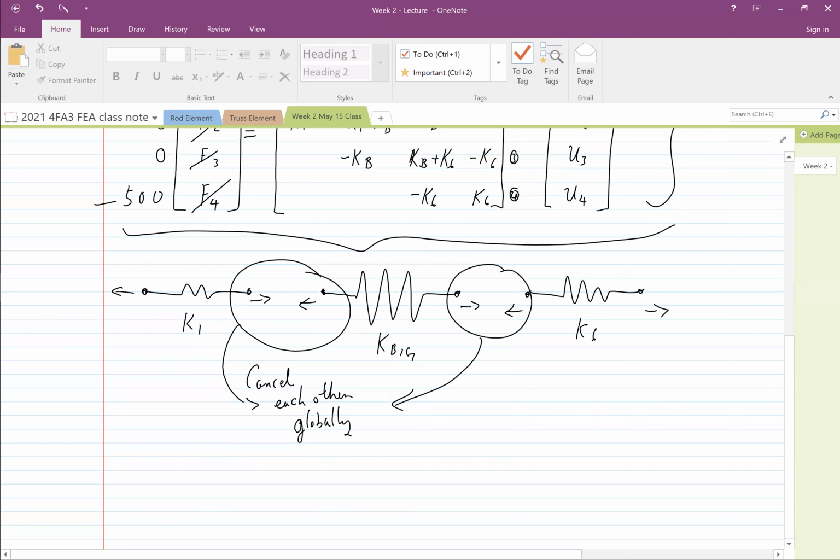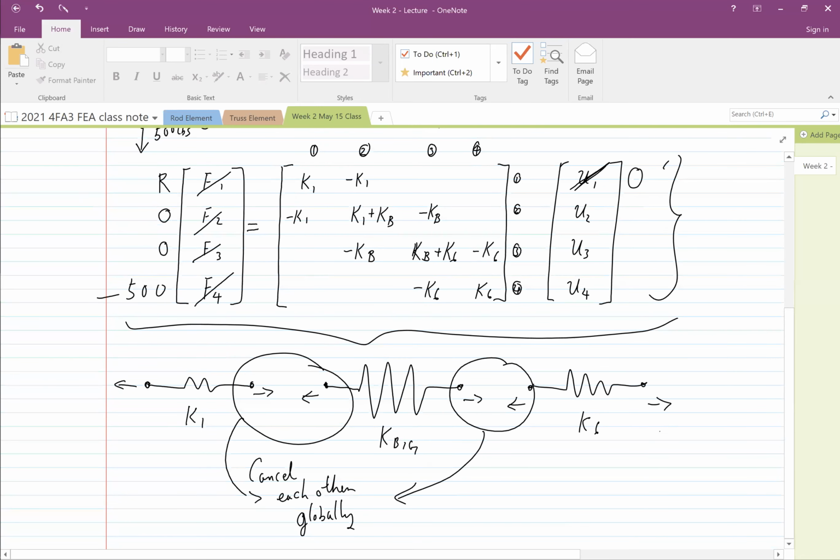Same as the other side. Right here is 500 pounds, right? I guarantee you right here will be 500 pounds as well. Because why? The whole assembly is not moving.